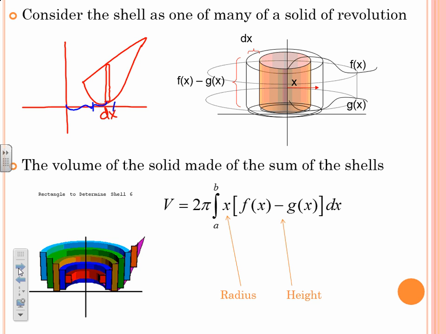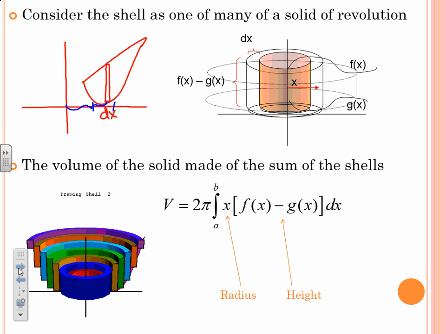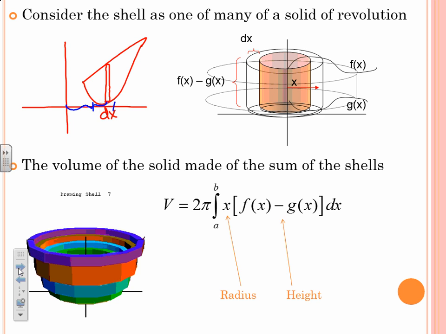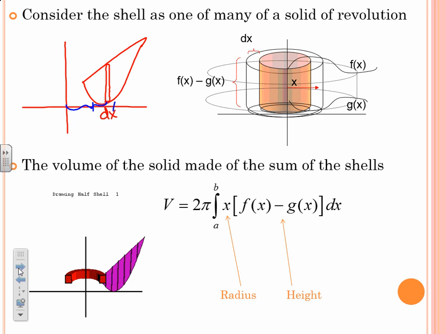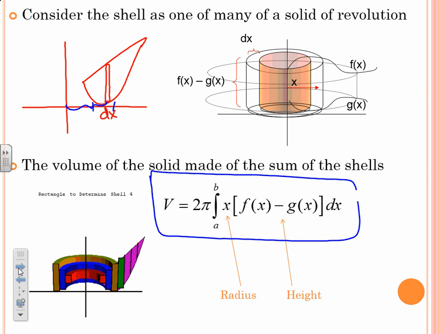And then our height is going to be, in this case, top minus bottom. How tall is each of those cylinders? How tall is our reference rectangle? So this is the formula for the shell method.